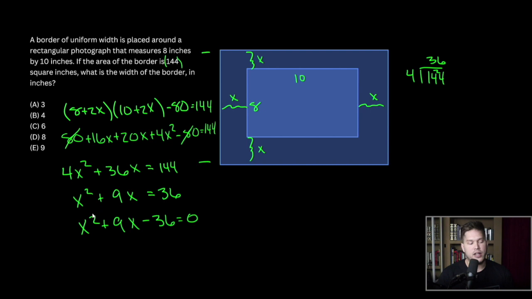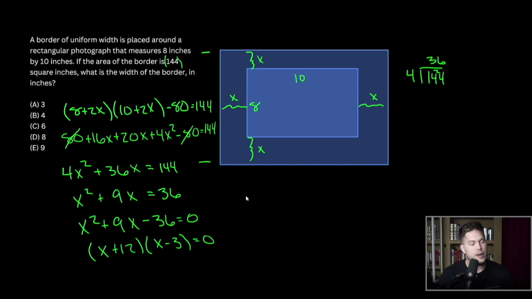And then we can just factor this equation. What two things multiply to give me negative 36 and sum to be 9? Well, I know that 3 and 12 multiply to give me 36. So I'm going to have an x plus 12 times an x minus 3, and this will be 0.